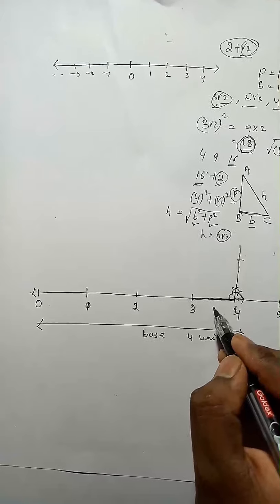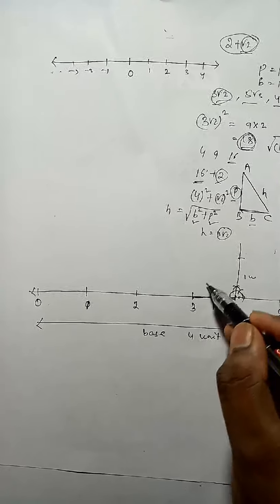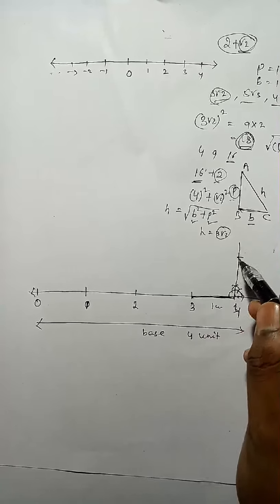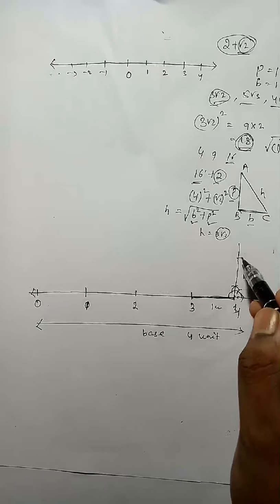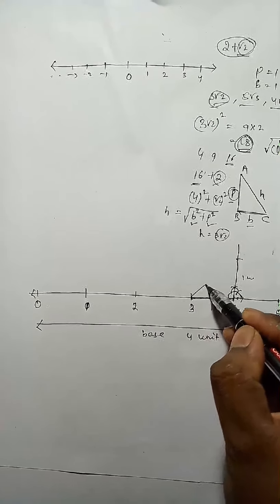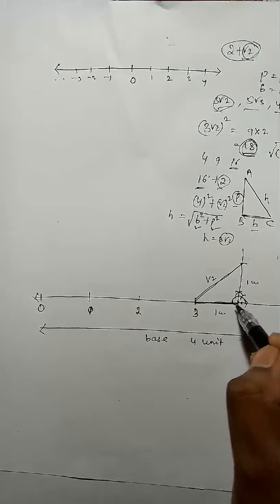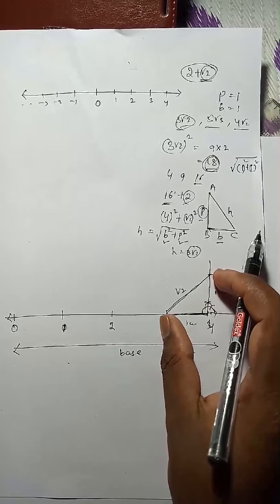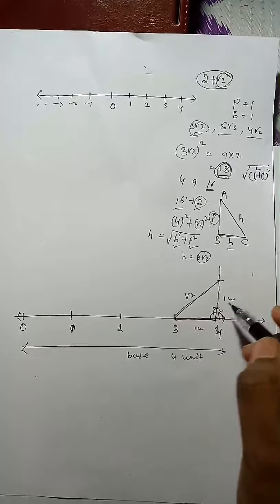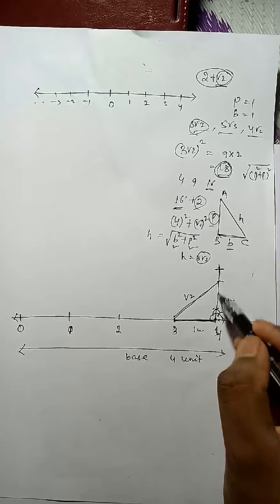We know that this is 1 unit and this is also 1 unit. Then the hypotenuse that comes is your root 2. Then connect 3 and this point. This is your required root 2, and measure using the scale on any device, and take the position here.